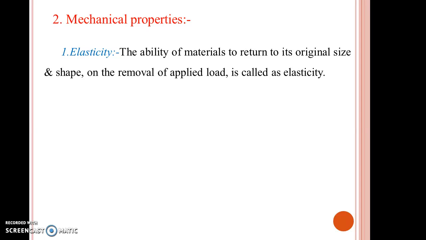Okay, so each and every material has several properties regarding the structure, regarding the shape, regarding the chemical contents, regarding the behavior towards the load. Okay, these are several properties. The first one, see here, elasticity is the ability of a material to regain its original size and shape on the removal of the load.